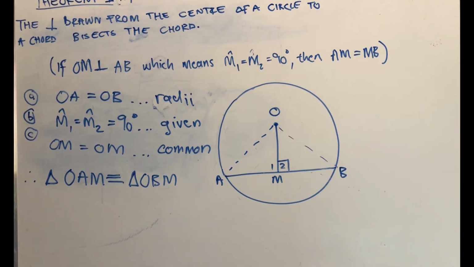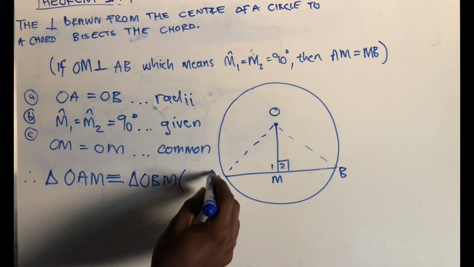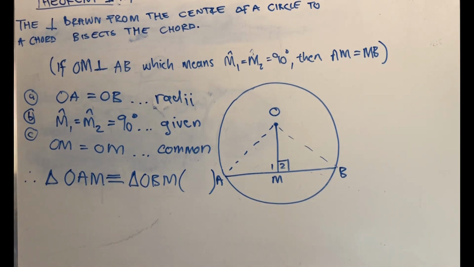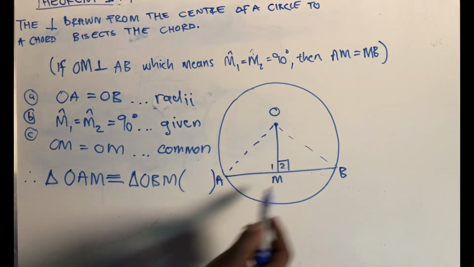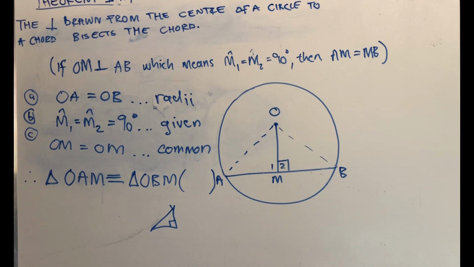You just use the same method throughout. So our reason for saying this triangle is congruent to the other triangle is that we have proved a right angle. A triangle that has a 90 degree angle is called a right-angled triangle.